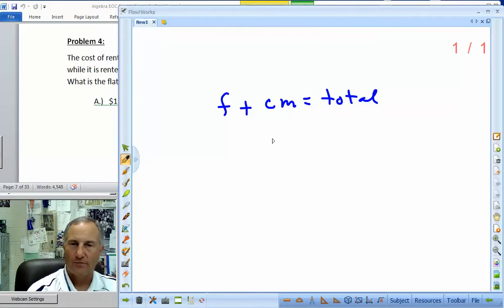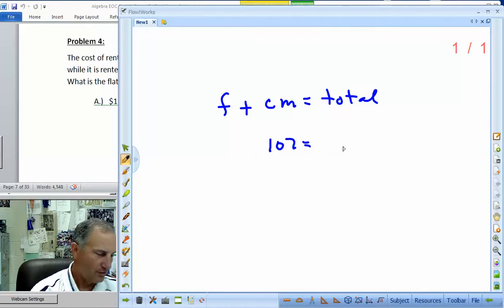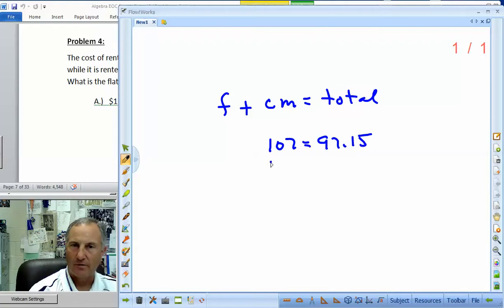Okay, well, if I look at the information that's given me, I know that when they went 107 miles, it cost them $97.15. And when they went 127 miles, the cost was $106.15. So the flat fee is the same on both of them.